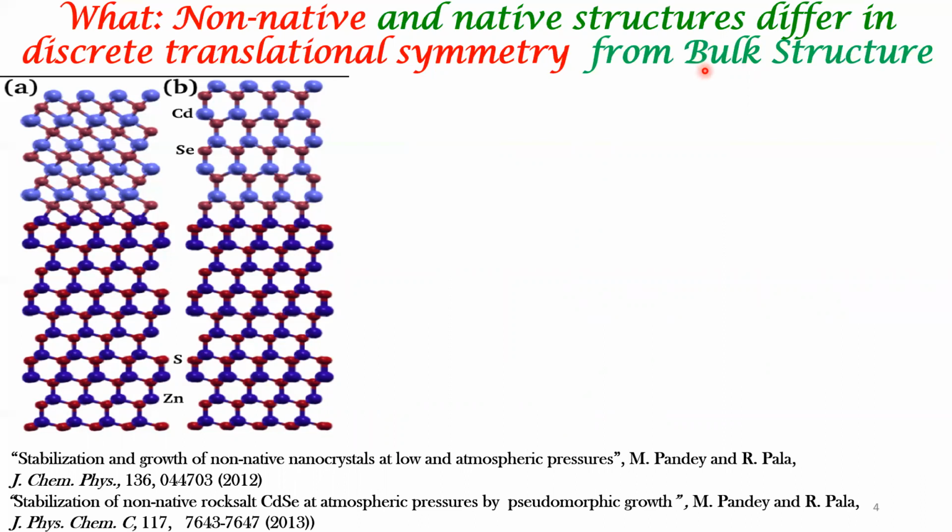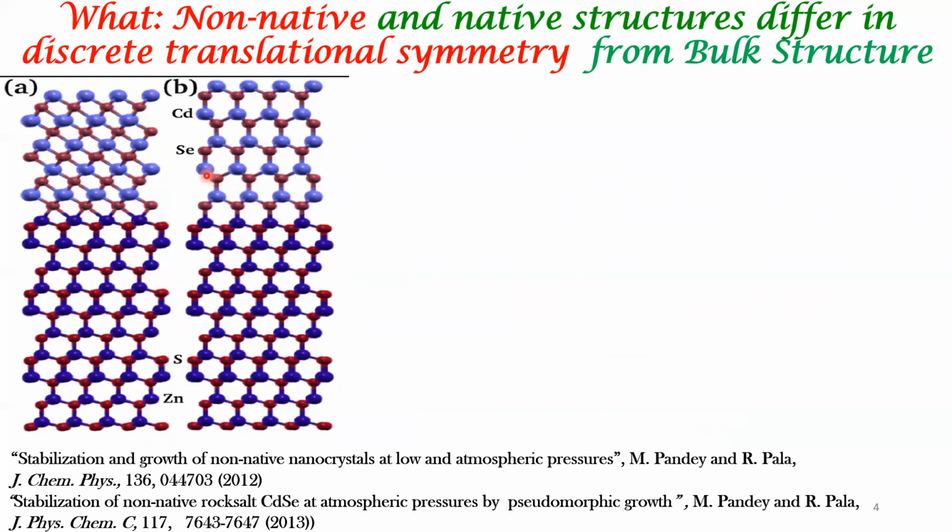This definition is inspired from what is used in biological systems, proteins, for example. So native structure refers to the most stable bulk structure, and a non-native structure differs from the bulk structure in terms of discrete translation symmetry. This is entirely a structural definition.